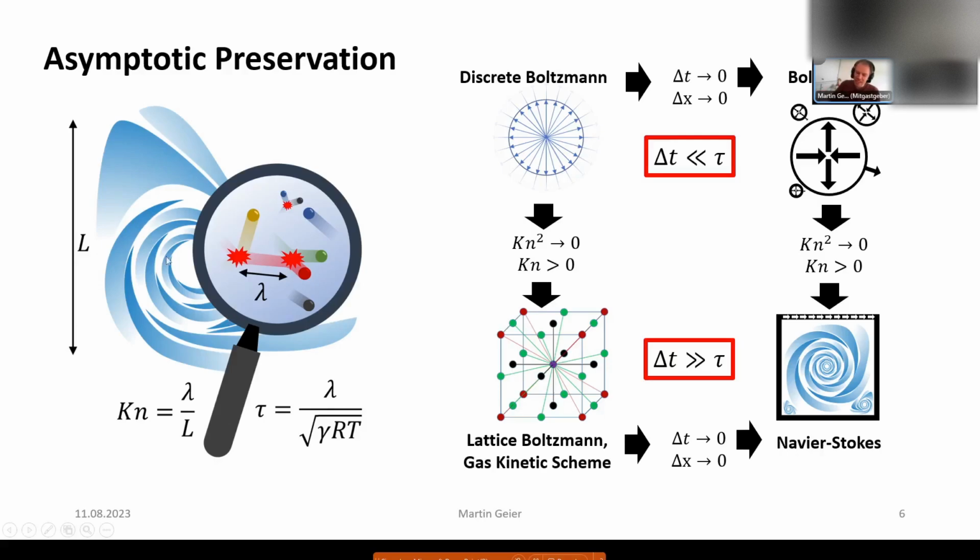And if I use gas kinetics to solve my engineering problem, then obviously I have to resolve this mean free path or the mean free time, so the time that a particle travels between two collisions, which is of course extremely expensive, because this is very short. For example, the mean free path in air would be of the order of 100 micrometers. So now there are some kinetic methods that have a certain property that is called asymptotic preservation.